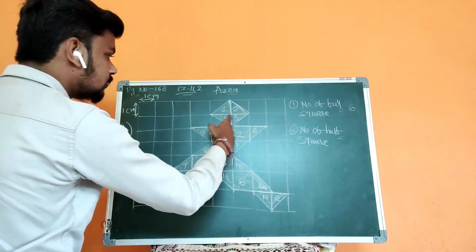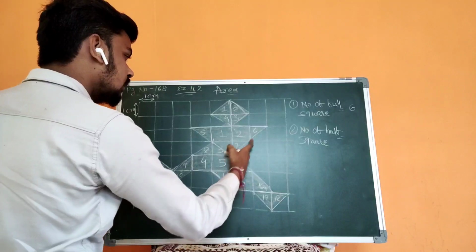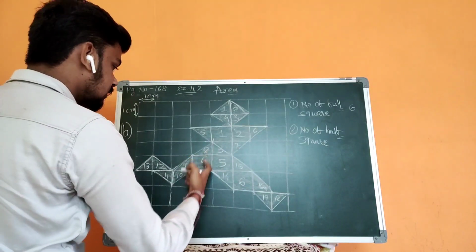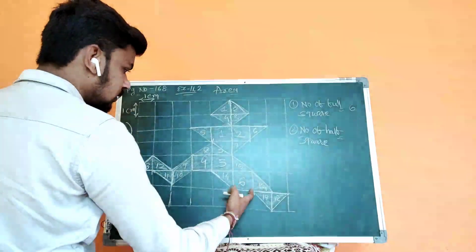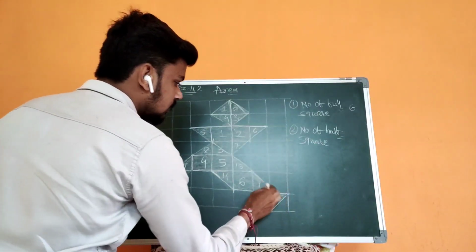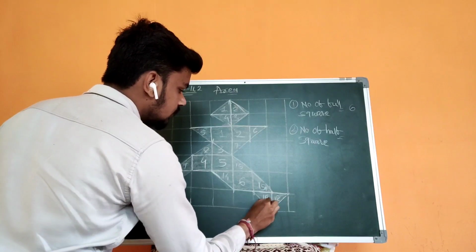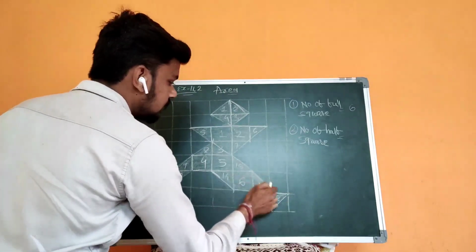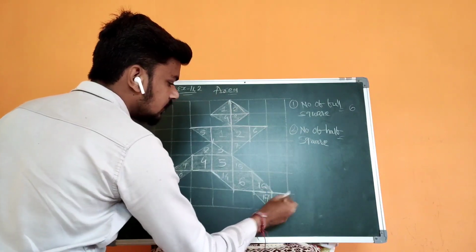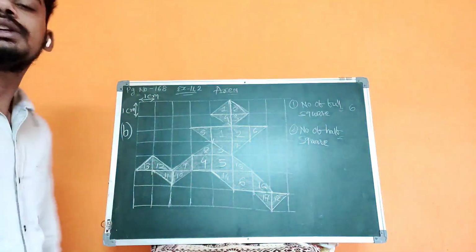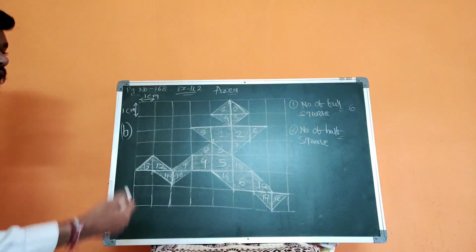Repeating again: 1, 2, 3, up to 14, here is 15, 16, 17 and 18. So 18 half squares are there.